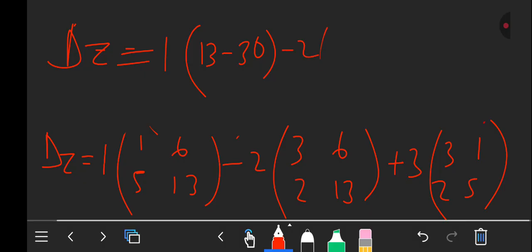Then minus 2, 3 times 13, that is a 39. 39 minus 2 times 6, that is a 12. Then plus 3, we have 3 times 5, that is a 15. 15 minus 2 times 1, that is a 2. So we have a 2 there.